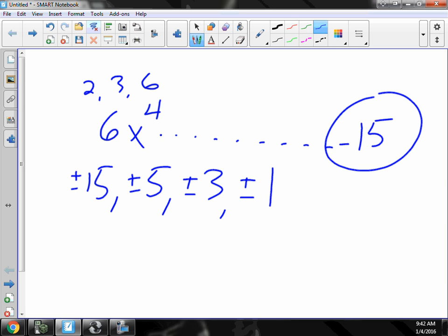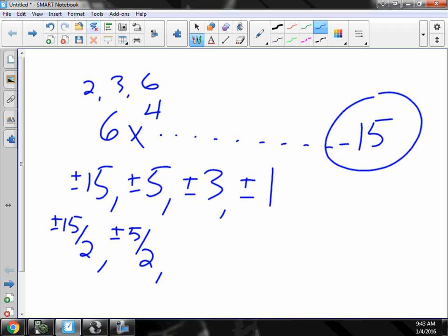So plus or minus 15 halves. Do I need to divide by 3? Because you divide it by 3 and you get 5, so we already have that. Plus or minus 15 over 6 simplifies to be 5 over 2. Now I move on to 5.